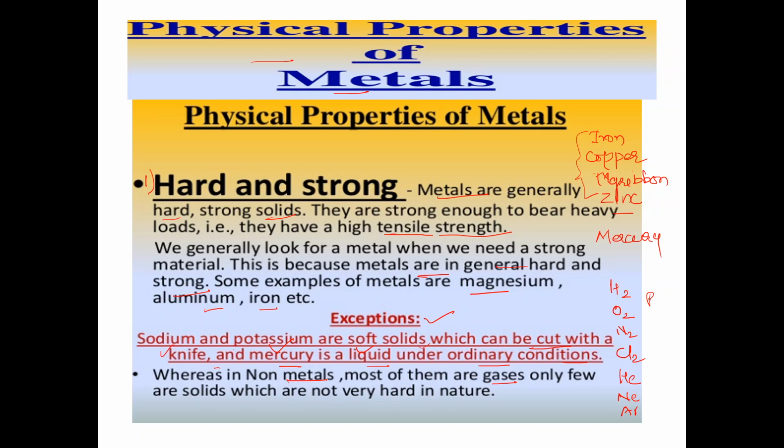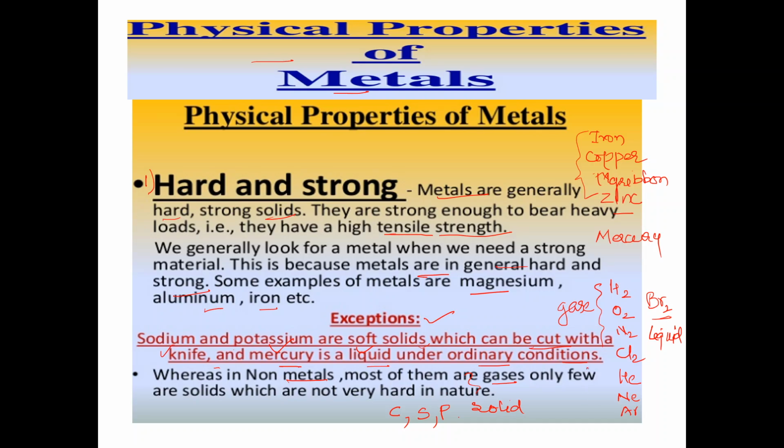Bromine is a brown color liquid. Solids are also there. Carbon is solid, sulfur is solid, phosphorus is solid. So most of the non-metals are gases. Few are solid and very few, that is bromine, is a brown color liquid.